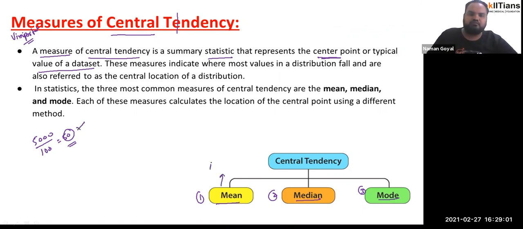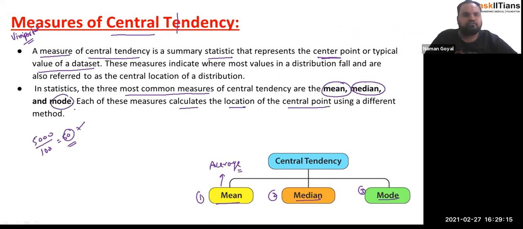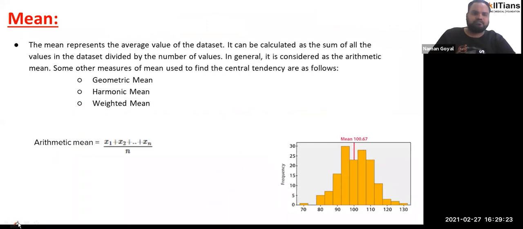Mean is also known as what? Average. Okay. In statistics, the three most common measures of central tendency are mean, median, and mode. Each of these measures calculates the location of the central point using a different method. Okay. We can find mean, median, and mode with the help of different methods. So first we are talking about what? Mean.